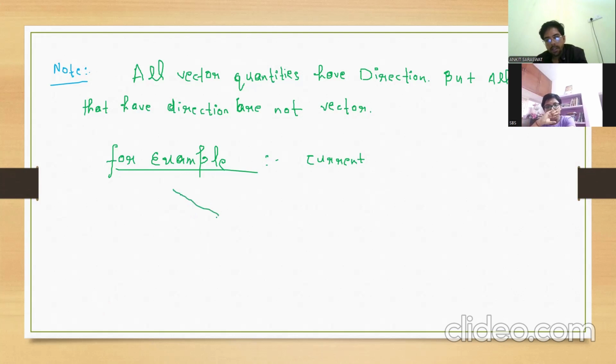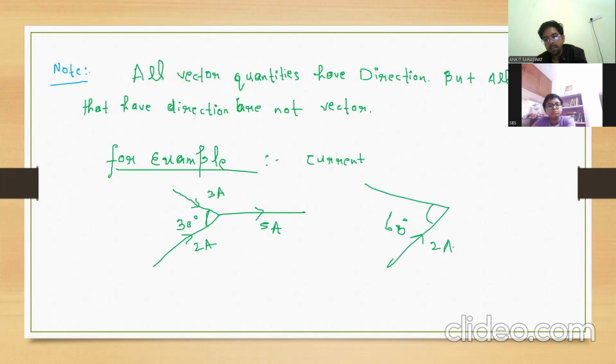In this wire, if these two wires are placed at 30 degrees with each other, and 2 ampere current is coming in one and 3 ampere in the other, how much will be here? 5. Now if I keep it at 60 degrees, and again pass 2 ampere and 3 ampere, how much current will flow?